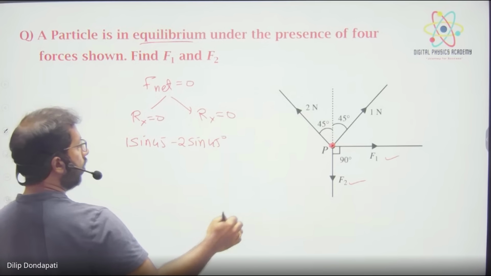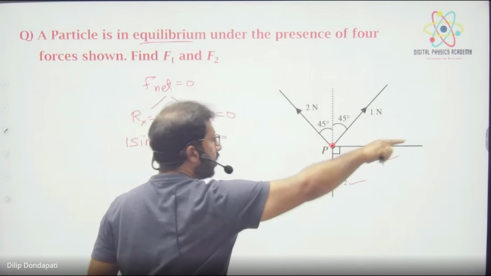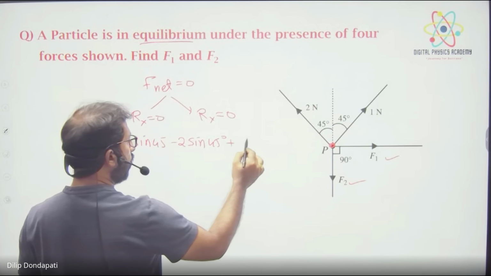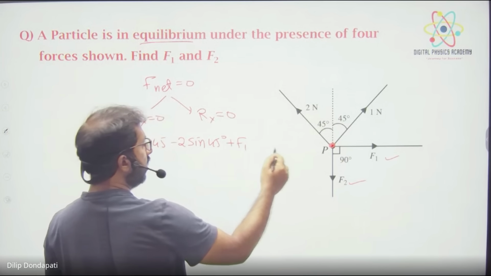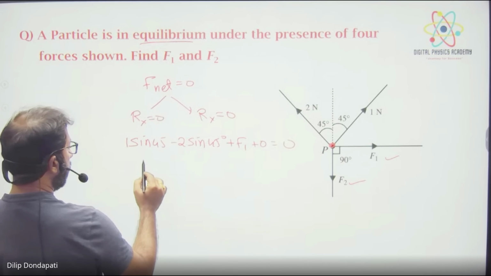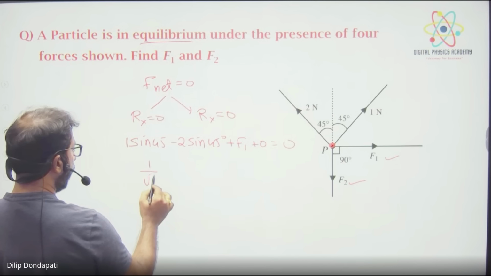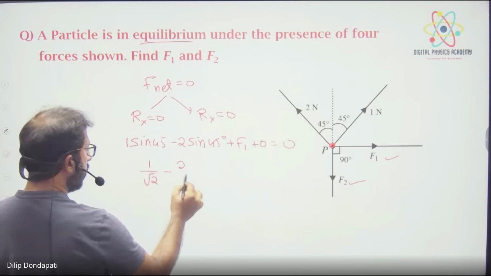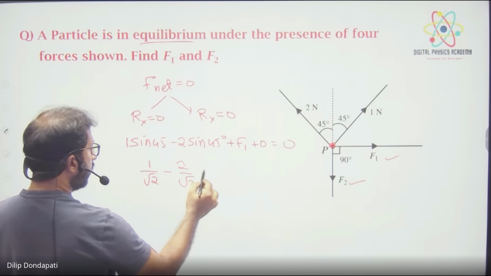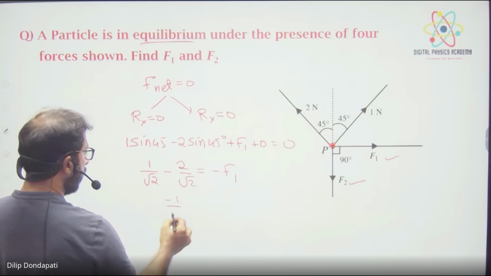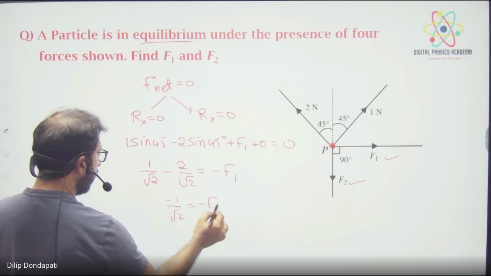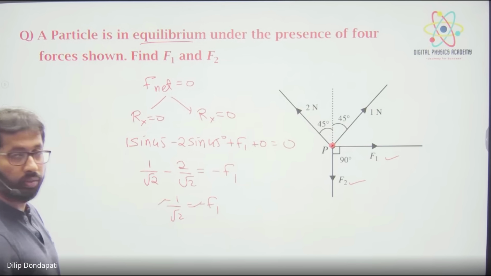Now f1 is along the x direction only, and f2 has no x direction component, so 0. So 1 by root 2 minus 2 by root 2 is equal to minus f1. So minus 1 by root 2 is equal to minus f1. You got f1.